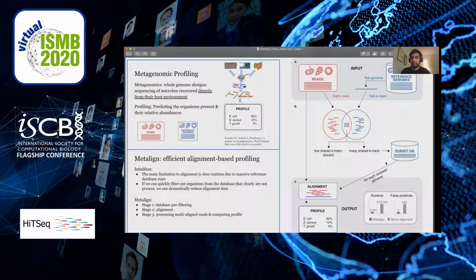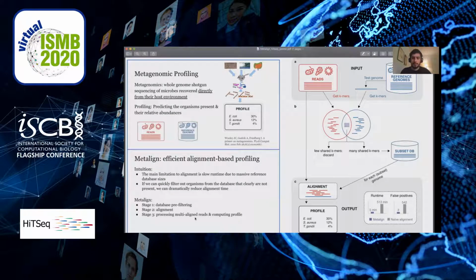We have a comprehensive database of all assemblies on NCBI, RefSeq, GenBank, and even some that aren't in GenBank. This database is about 243 gigabytes compressed. In practice, we were able to subset this down to about half a gigabyte to 5 gigabytes, depending on the diversity of the sample, which makes alignment feasible. We use Minimap2 for the alignment, an efficient aligner.